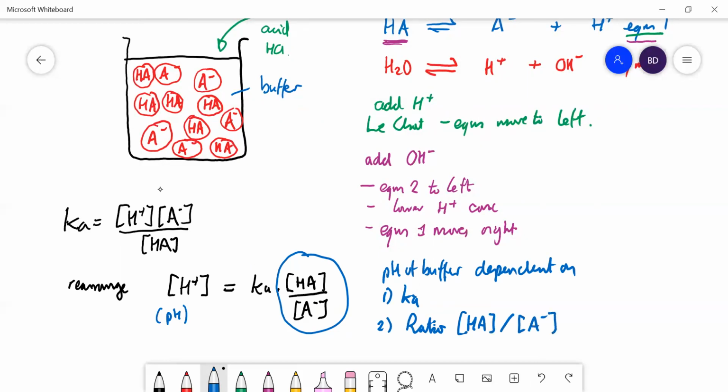So you can change the pH of a buffer by changing this ratio a little bit. If you ever want to work out the pH of a buffer solution, you're going to have to put the equation in this form, and that's your starting point. So let's leave that there. We'll do calculations in the next video.